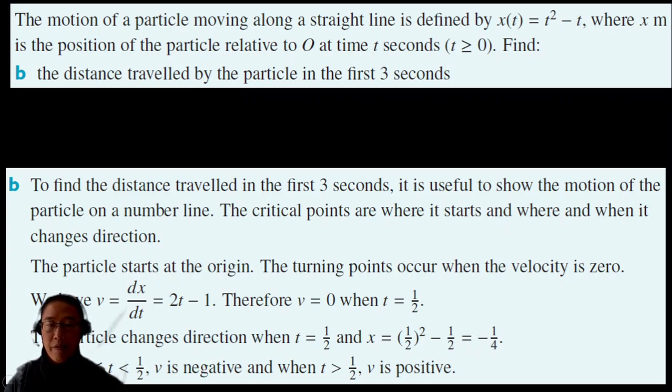Then that separates the first 3 seconds into two intervals. The first interval is between 0 and half a second. The velocity is negative, so it will be to the left, and from 0.5 to 3, v is positive, so it will go to the right.